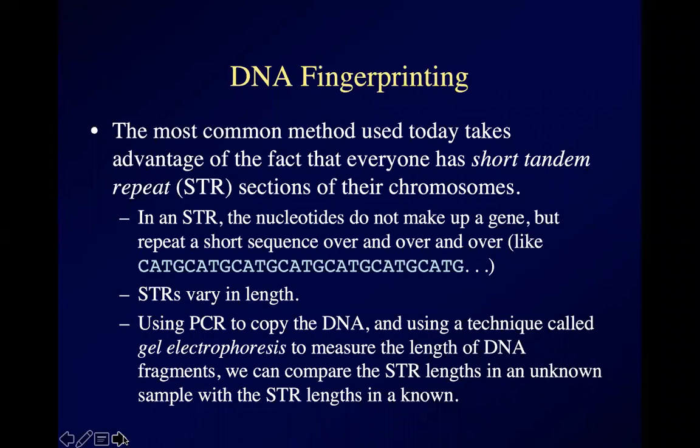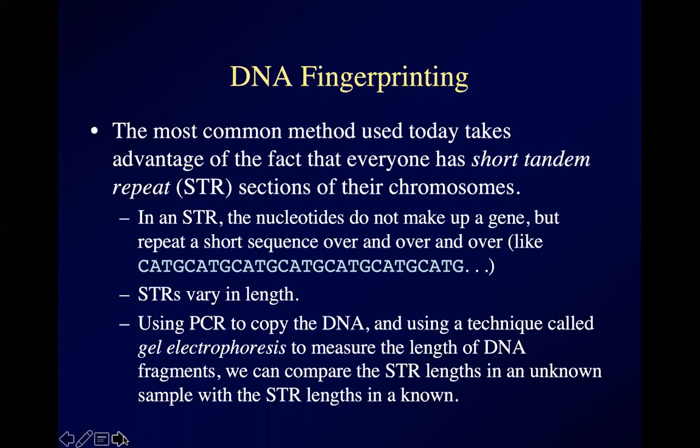But what we can do is take a DNA sample, make lots of copies of it with PCR, and use a technique called gel electrophoresis. You'll be doing this in, I think, the last lab of the year. In a couple of weeks, you should be doing this yourselves.